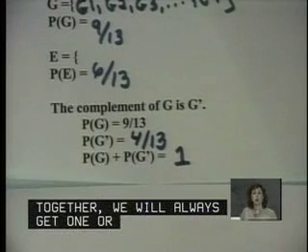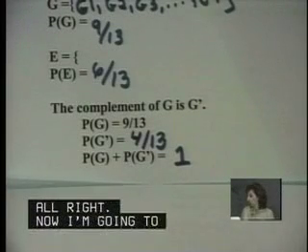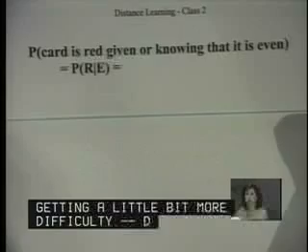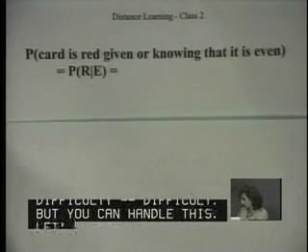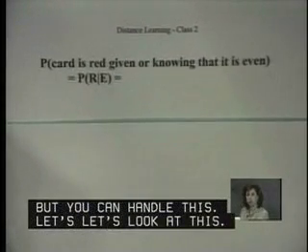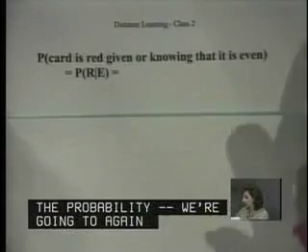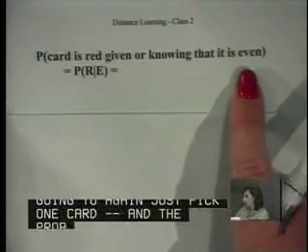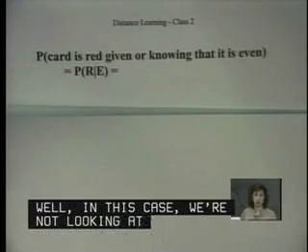All right, now I'm going to go on to some more of these right here. Getting a little bit more difficult, but you can handle this. All right, let's look at this one now. We're going again to just pick one card, and the probability that the card is red, knowing that it was even. Well, in this case, we're not looking at all the cards that we have.